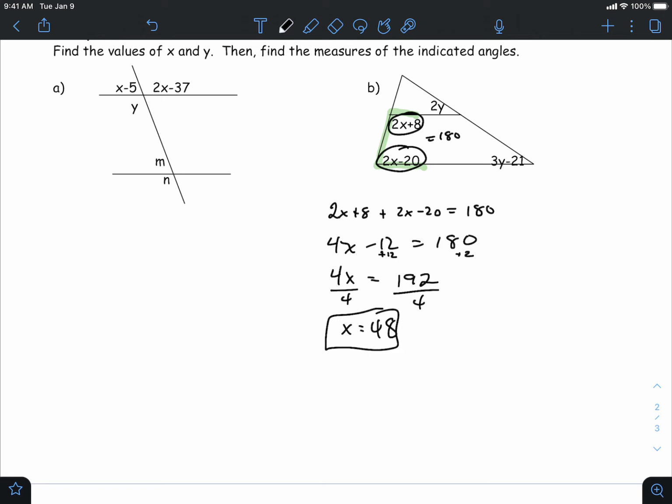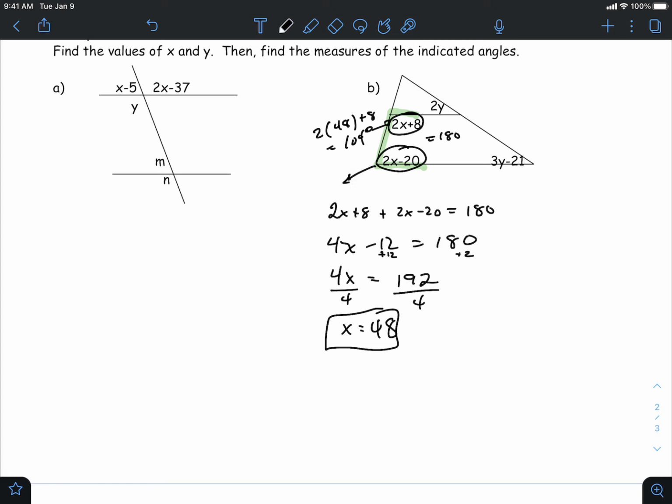If I take 48 and I plug it in for x, I should get 2 times 48 plus 8. That'll be that angle. What should that be? Be 104. That seem like what people are getting? That looks like the angle that's sitting there too. It looks like it's almost drawn to scale. Okay. That'll be this angle here.